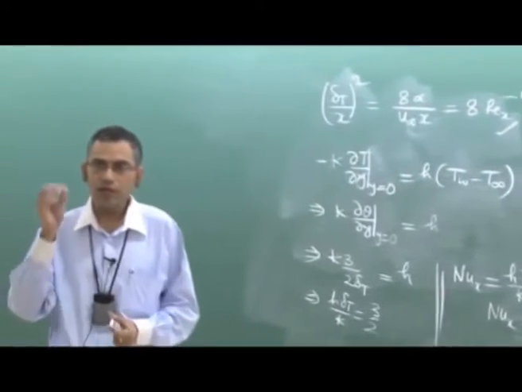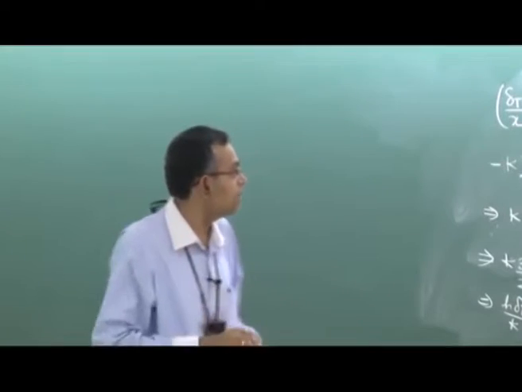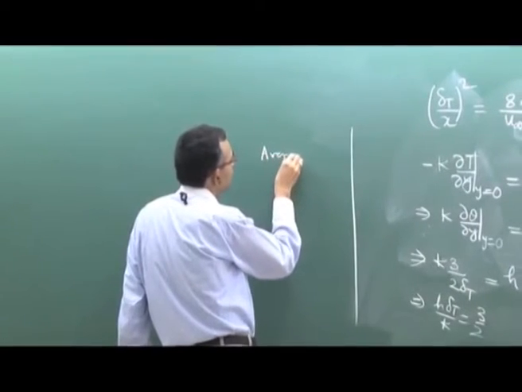So actually the integration has smoothened out many sources of error and that makes the result more or less acceptable. Now I will discuss one very important point before moving on to the other case, Prandtl number much greater than 1. That important point is how to get the average Nusselt number.